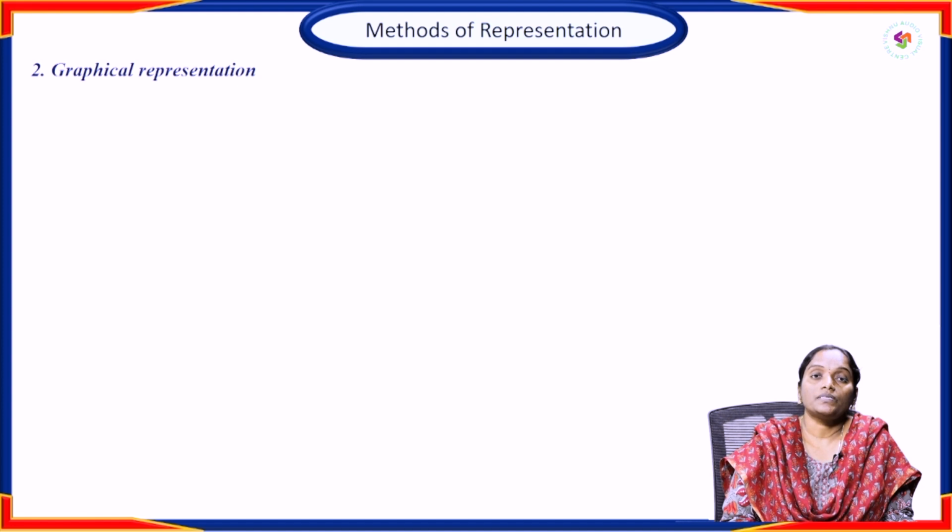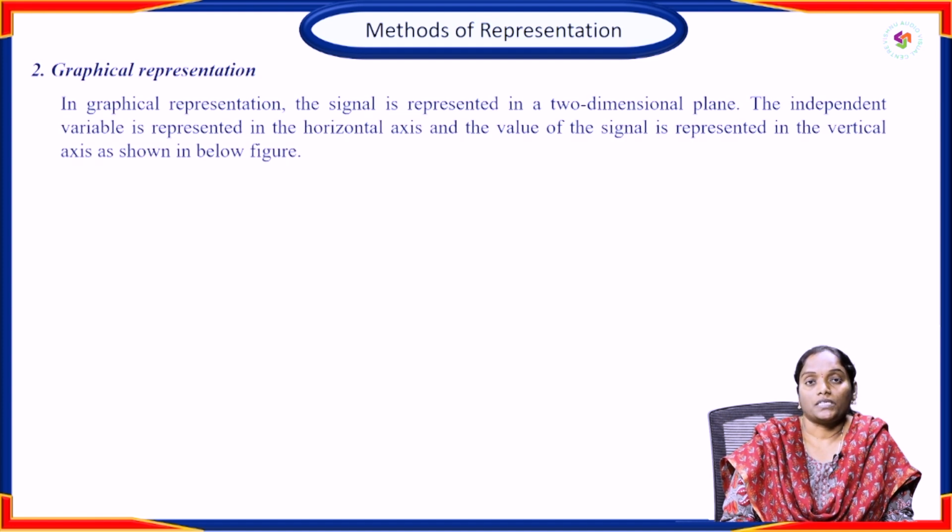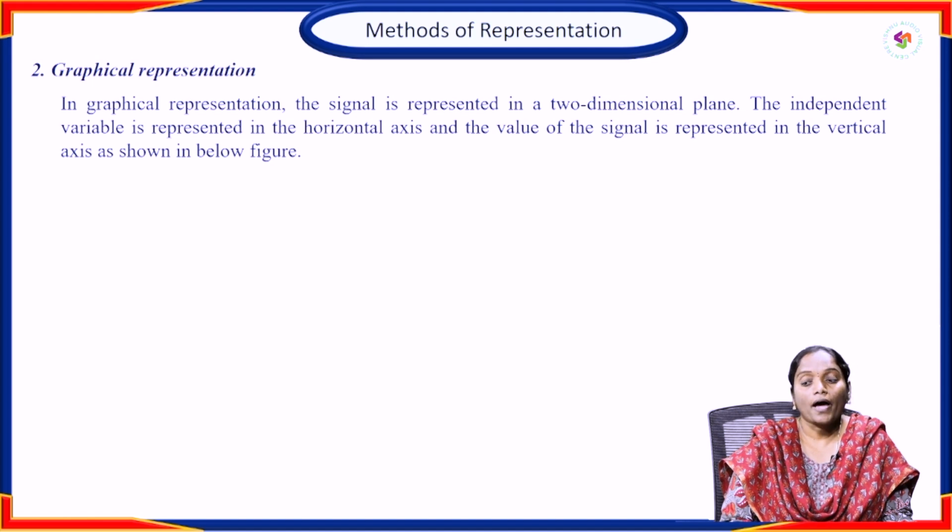The second representation is graphical representation. In graphical representation, the signal is represented in a two-dimensional plane, x-axis and y-axis. The independent variable is represented on the horizontal axis and the value of the signal is represented on the vertical axis. You can see the example.